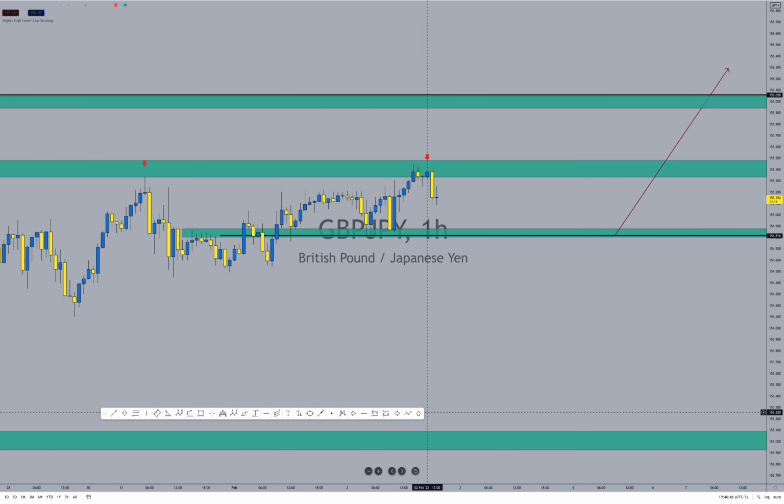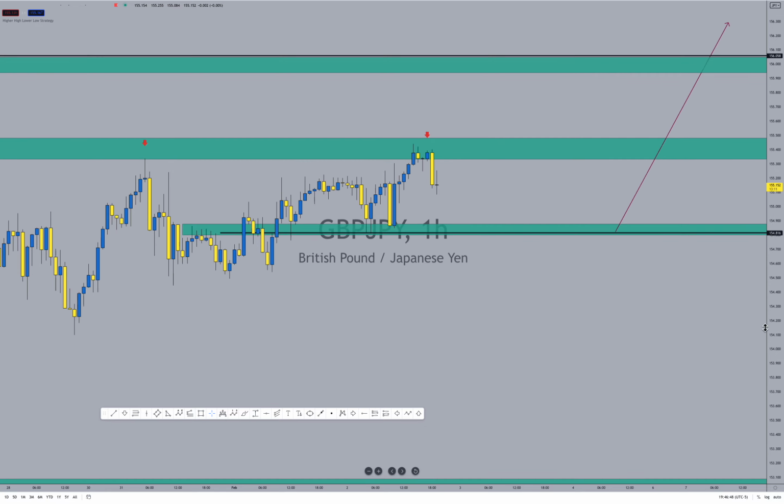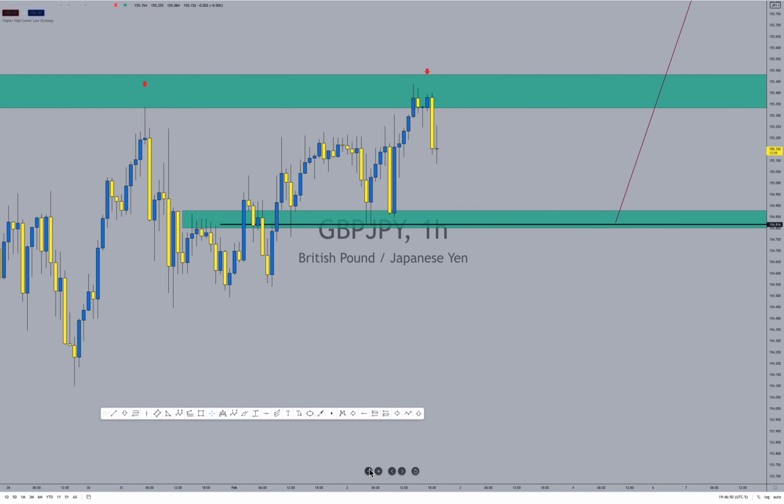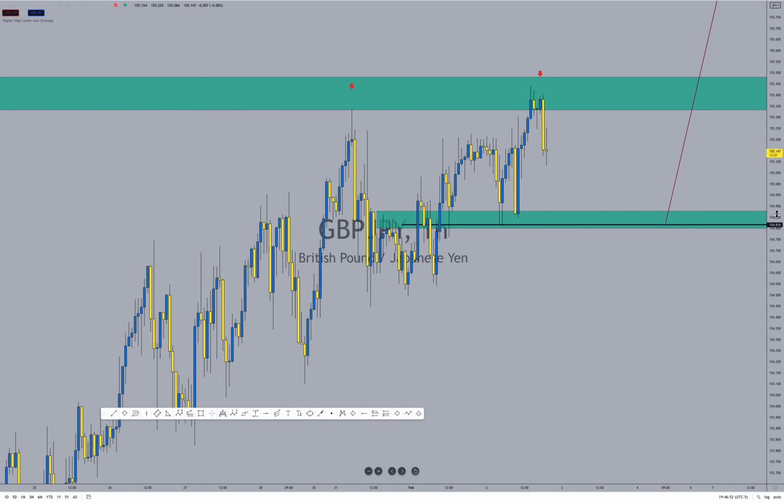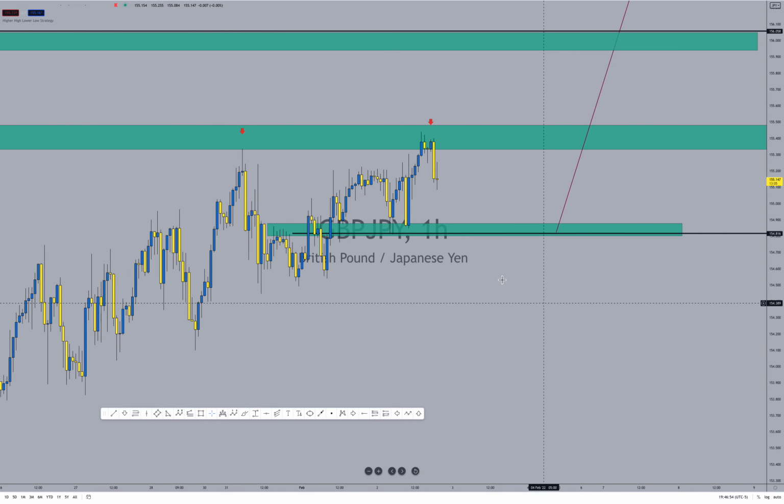Let's just take a little look on the 1 hour chart. Right, and if we look here, we can see a double bottom, right? We see where price has broken structure here, and price is pulling back or making a correction with the possibility to push upwards, right?